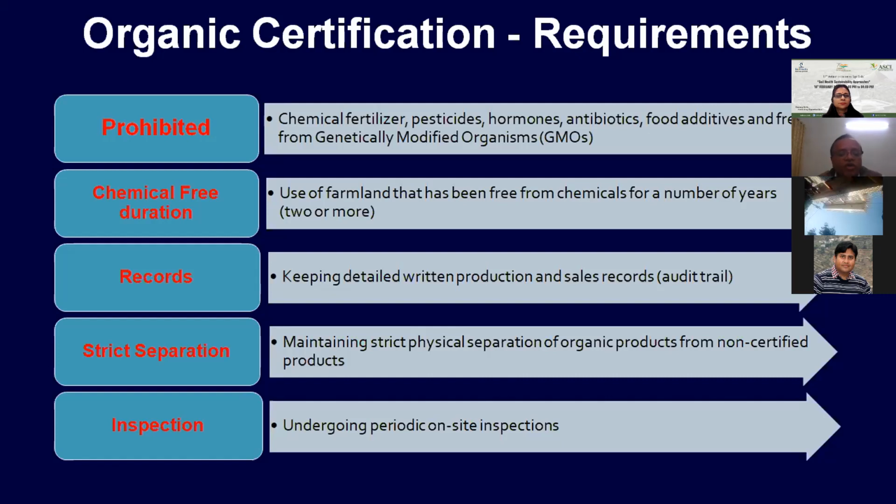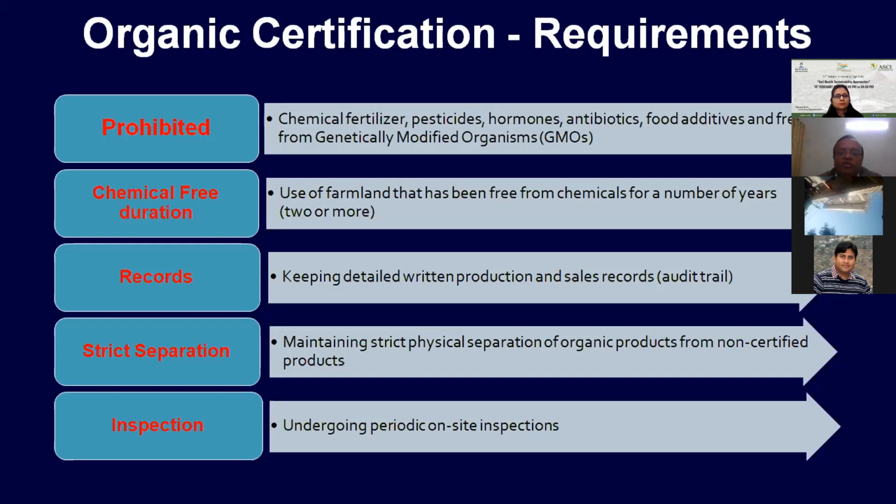Then a very important aspect is records. The farmer needs to keep a record of all operations, inputs used, inputs purchased, and the machinery used, and how they have taken steps for controlling contamination from water or from wind from the neighboring farmer's field, who are not taking up organic farming.